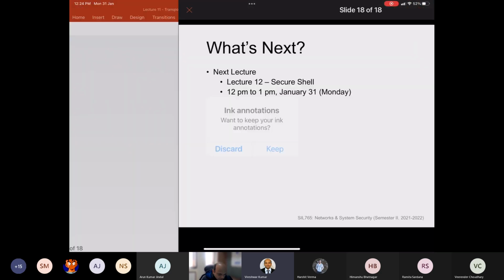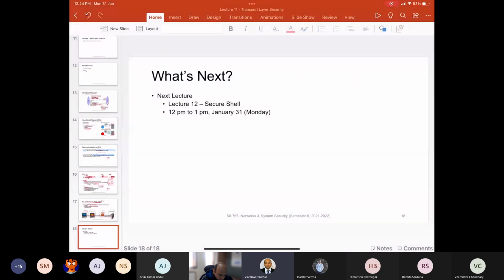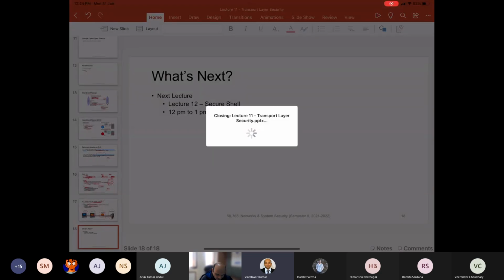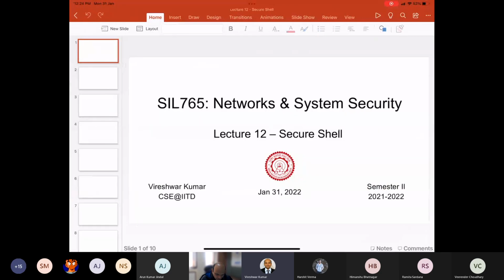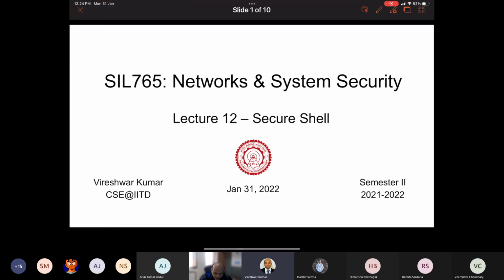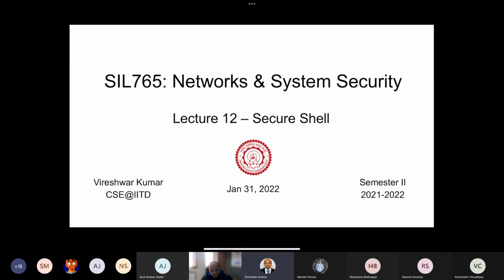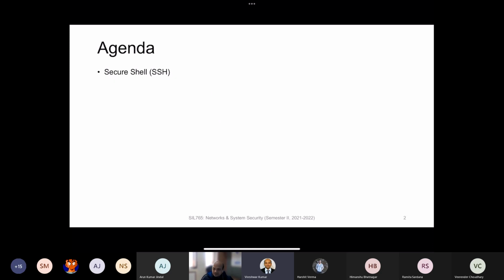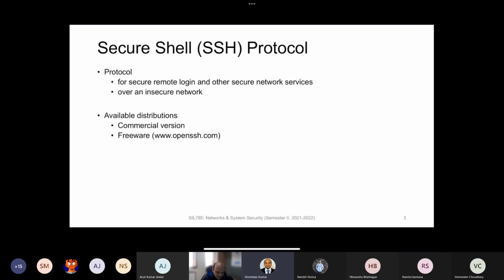Okay, so now we go to another transport layer security protocol, which is called Secure Shell. It is again something which is very, very popular, and most often it is utilized to do secure login.